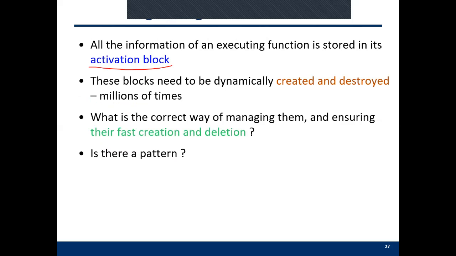But again, for today's state-of-the-art machines, these overheads are trivial. And then we will talk about how to manage the activation blocks, how to make the creation and the deletion of the activation blocks faster.